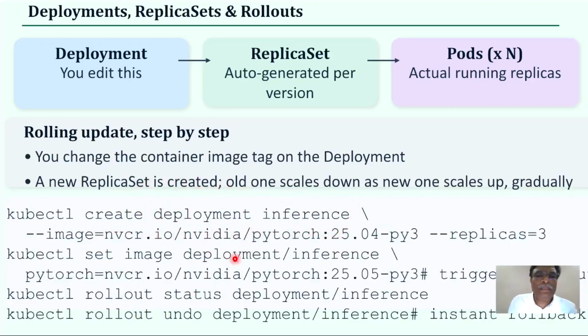And it uses PyTorch. And then there is a particular version which is supposed to be rolled out, in that case we will create three replicas of the same deployment for inferencing.